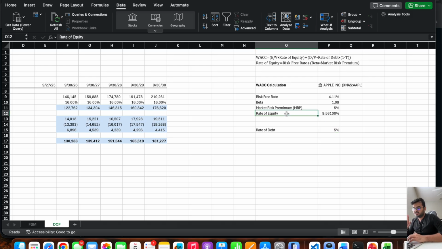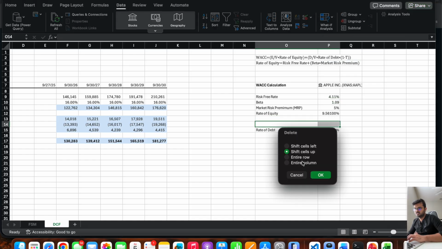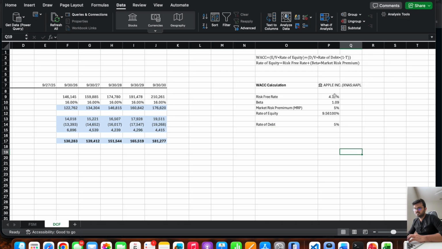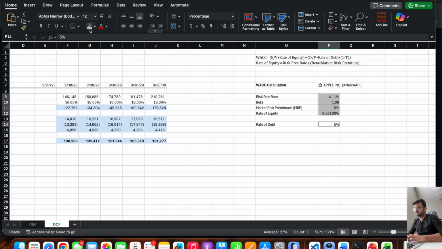So now we got rate of equity, we got rate of debt, tax rate we will get, and the next two items are the debt and the E, which is nothing but market cap. I'll just delete this row. Just put it in a different color.